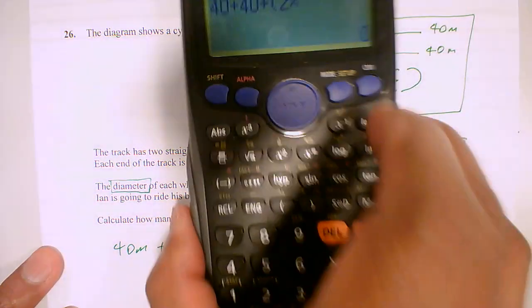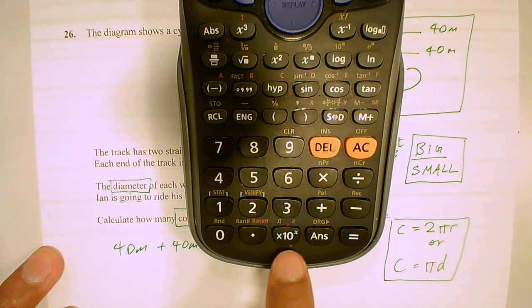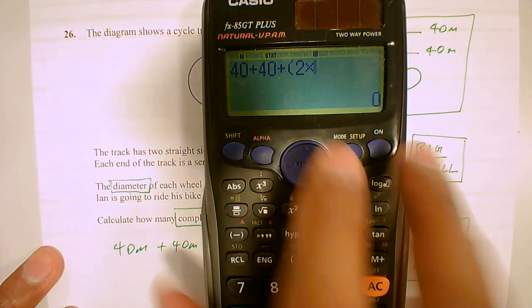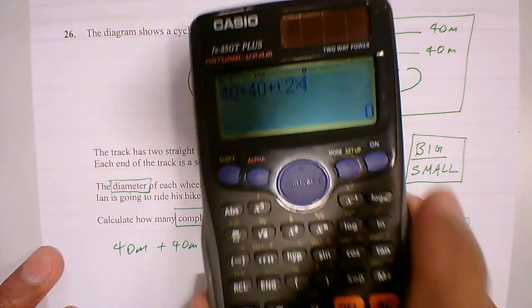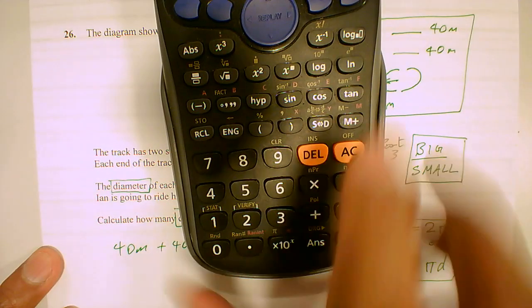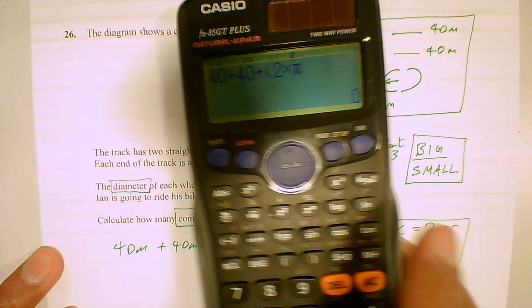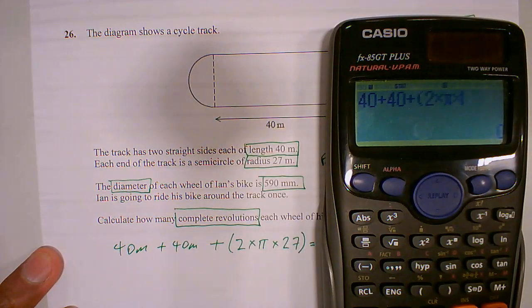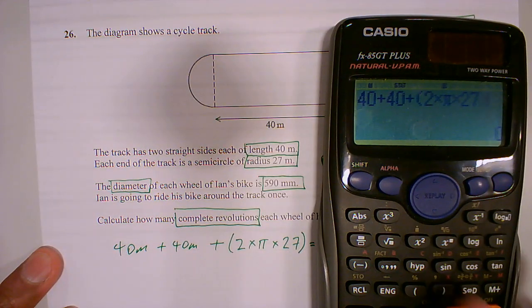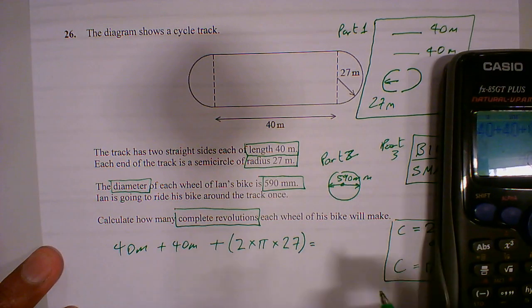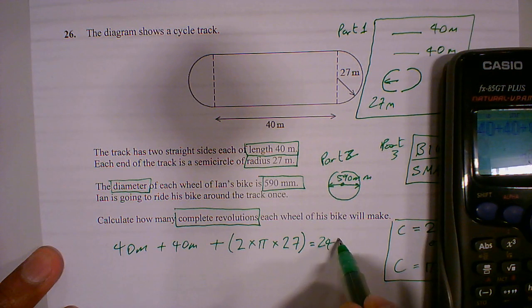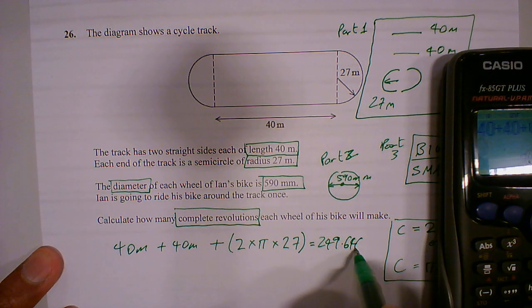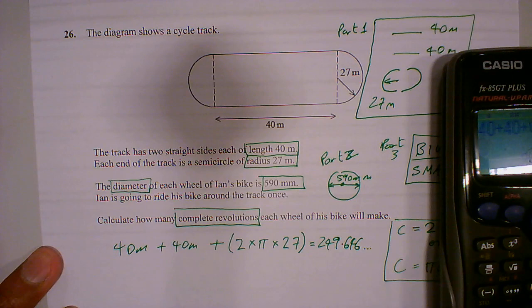You can see pi on your calculator, just above a button, so you press shift and then that button. Then times 27 gives you the answer 249.646, and it carries on.